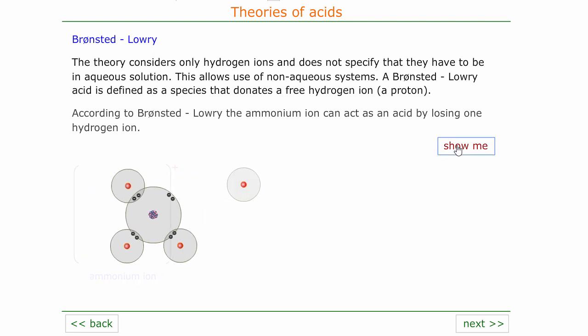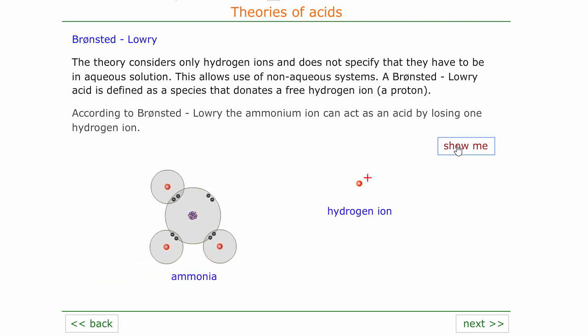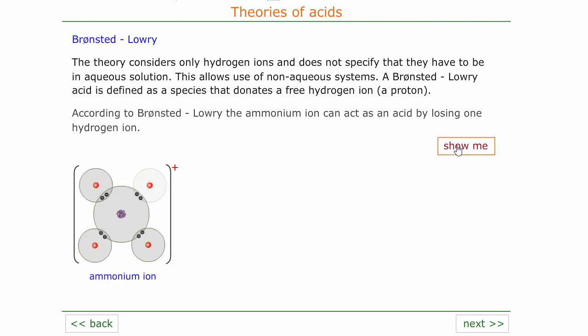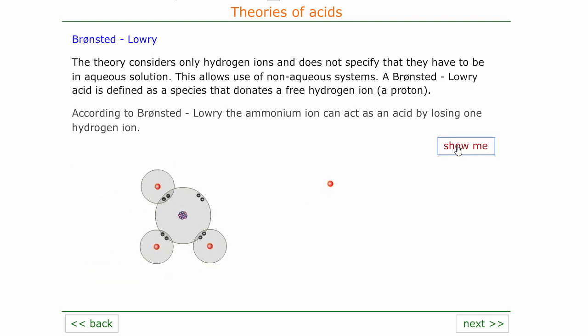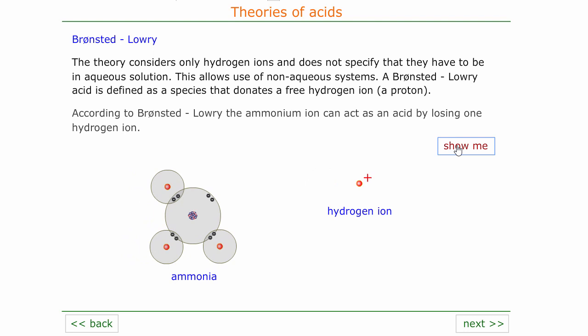It can donate a hydrogen ion to any species. Now, if this happened in liquid ammonia, for example, it's fine. It's a Bronsted-Lowry acid.